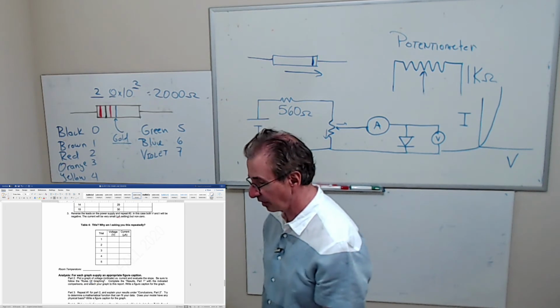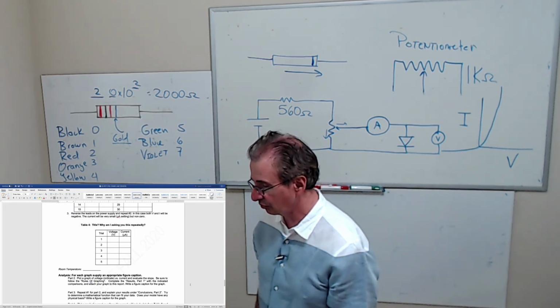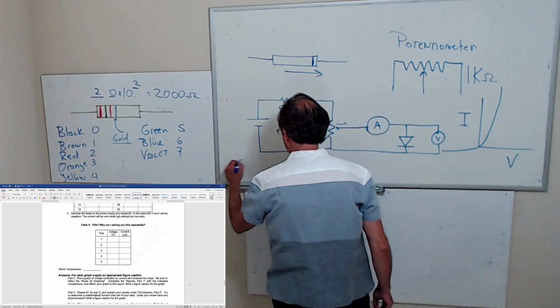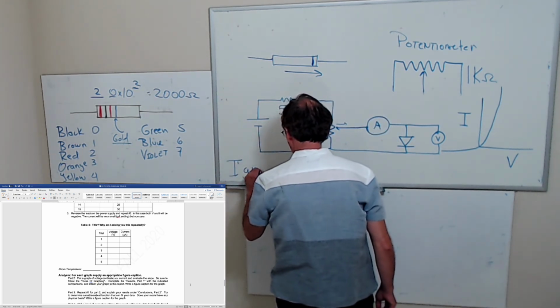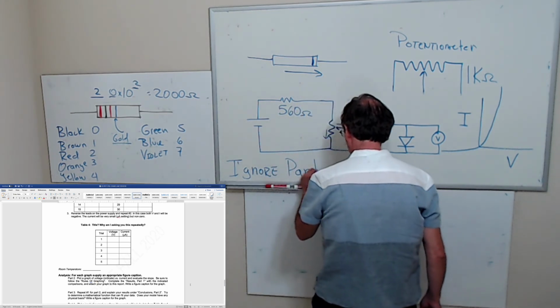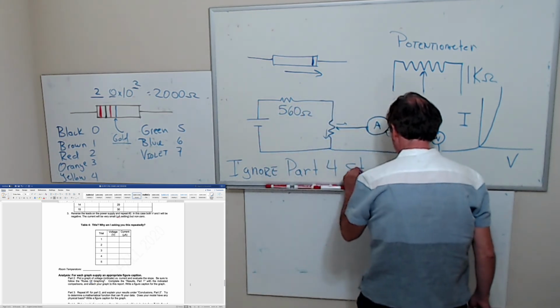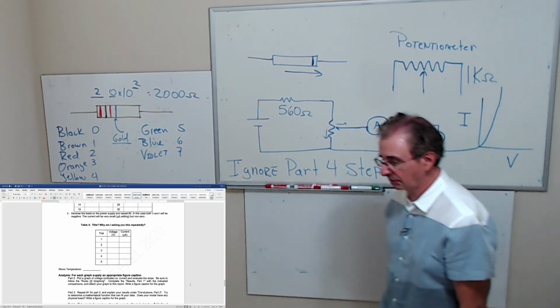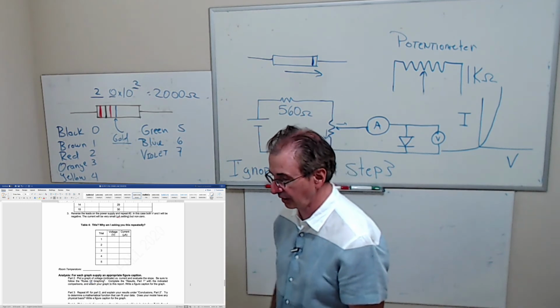So in part 4, do not do table 4. Ignore part 4, step 3, because you don't have a multimeter with a microamp scale.